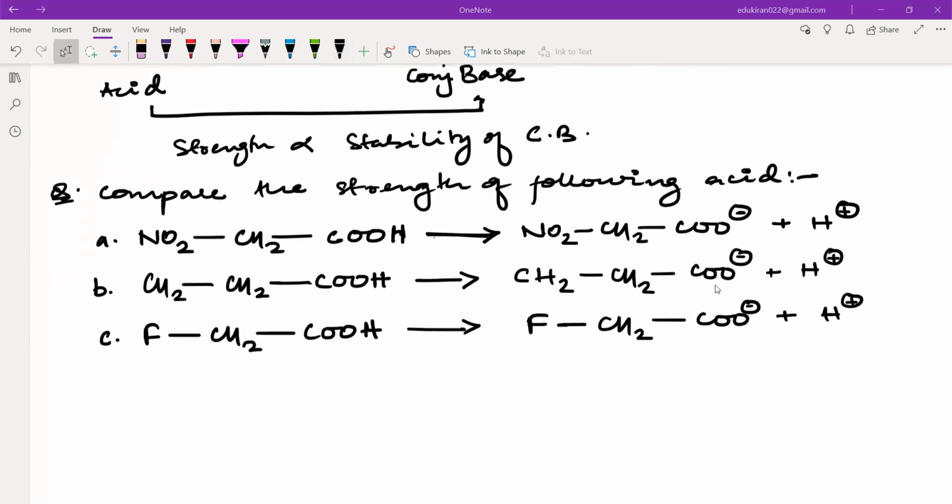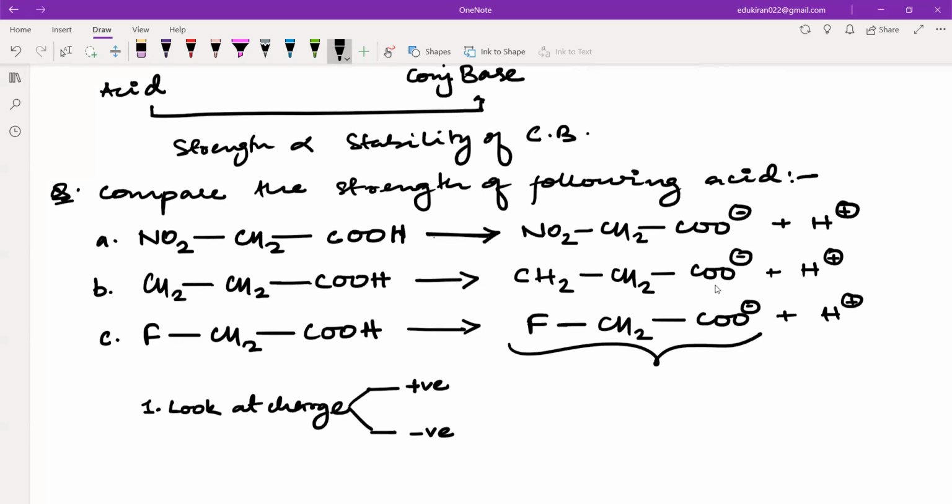So how will we compare this? First of all, you look at the charge. Number one step is look at charge. So tell me, is it positive or negative? Is it positive charge in the conjugate base or a negative charge on the conjugate base? Tell me. Hi guys. What type of charge is there here?